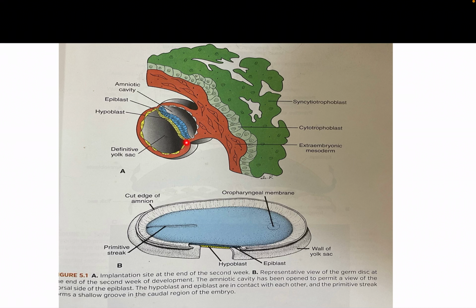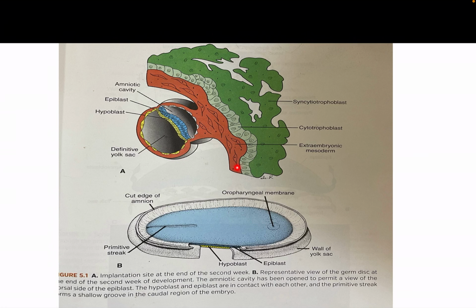Similarly, from the margin of the hypoblast, cells divide and form the exocoelomic membrane, converting it into a vesicle, the definite yolk sac. Extraembryonic mesoderm surrounding the amniotic sac is the somatic mesoderm. Extraembryonic mesoderm surrounding the yolk sac is the splanchnic mesoderm.